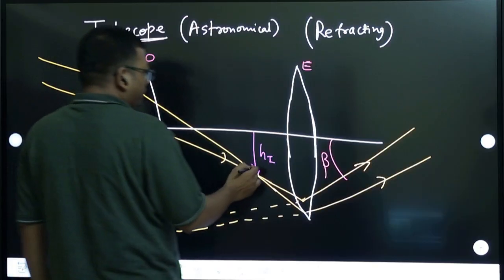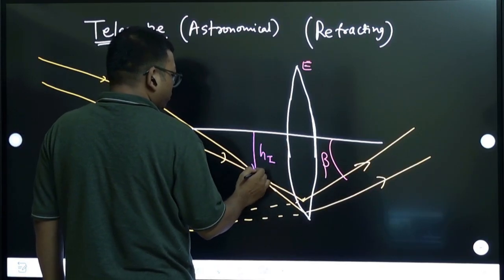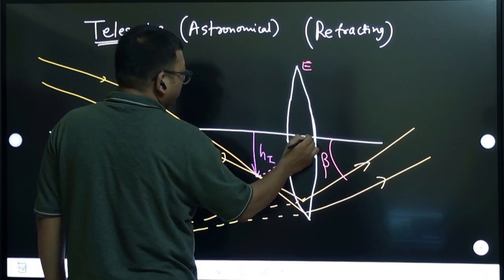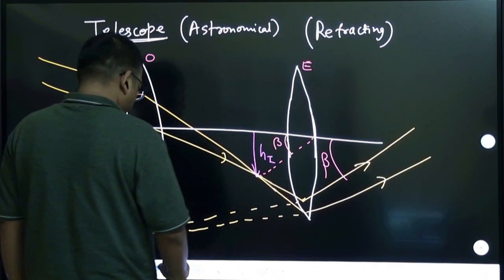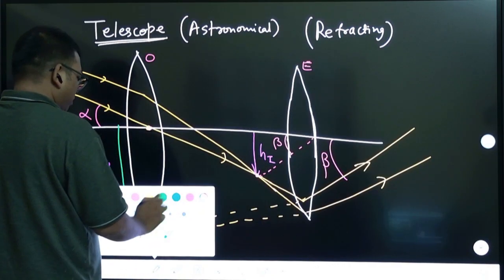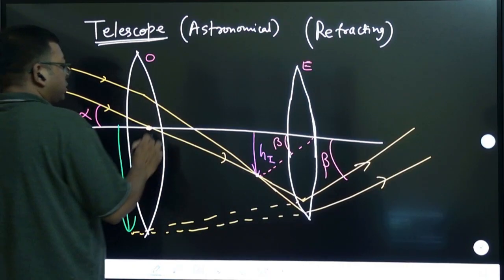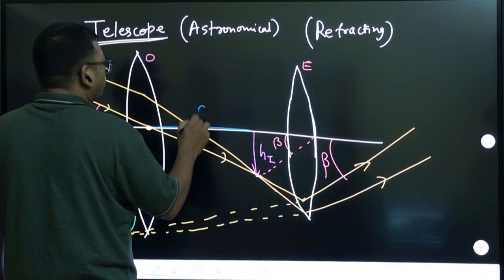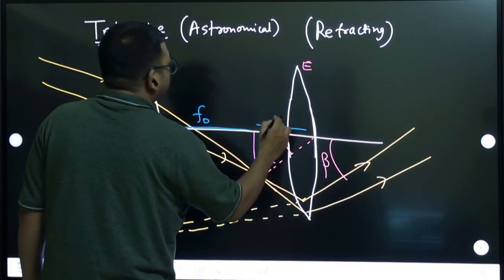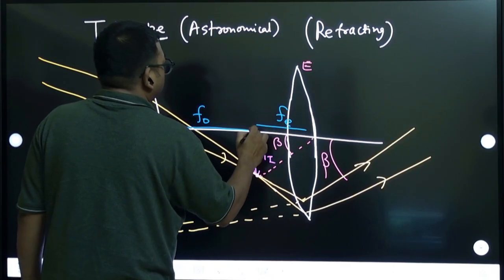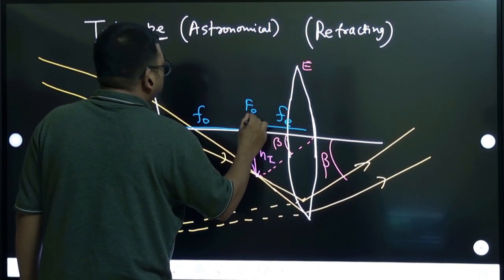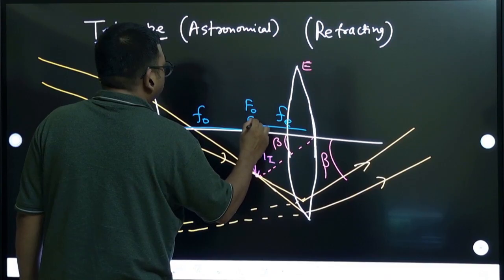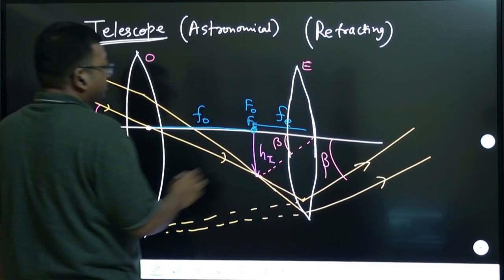Note that this is very close, so they are also making the same angle beta here at this eyepiece. This also is angle beta. This is how they are doing calculations. So this distance is FO, and this distance is FE. This point is the focus of the objective and also the focus of the eyepiece. Okay, same point it is.